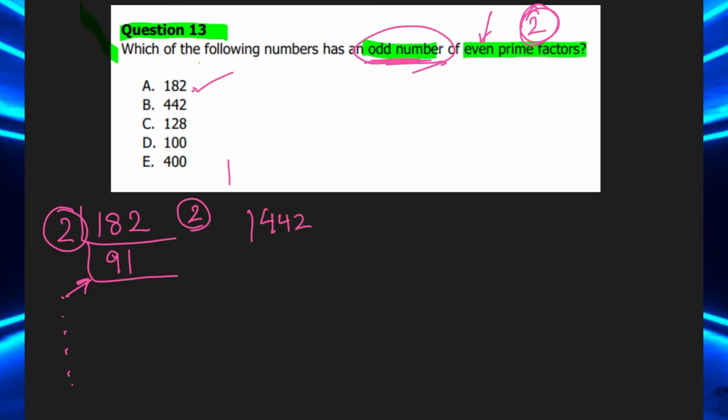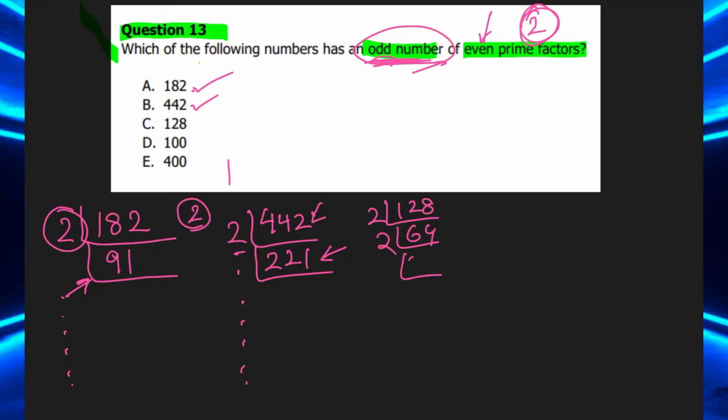Let's see, 442. Similarly, when we divide by 2, this is 221. Again, this is an odd number, so there cannot be another even number here. For this number, again, there is only one prime number which is even, and that's an odd count. So this should have been correct as well. Let's look at 128, 64, 32, 16, 8, 4, 2, 2, 1.